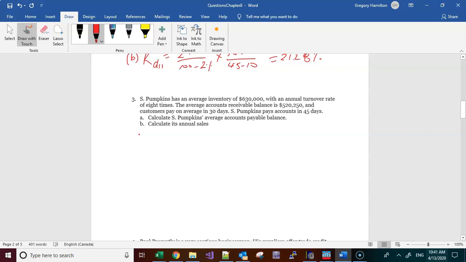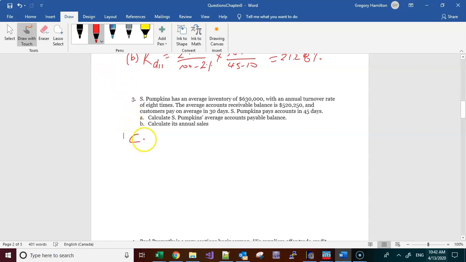To calculate the average accounts payable, we're going to need to do what? We're going to need to determine our cost of goods sold, from which we can find our average accounts payable balance. So let's go.